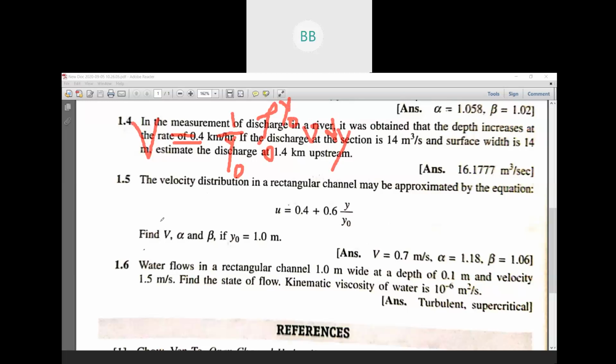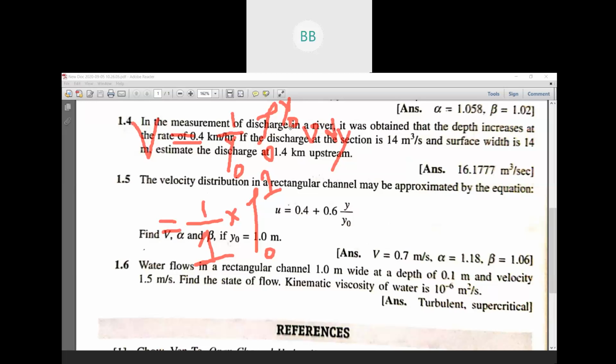Now here y naught is given as 2 meter, so we substitute, integration 0 to 2. Oh sorry, y naught is given as 1 meter. So here the limit is also from 0 to 1.